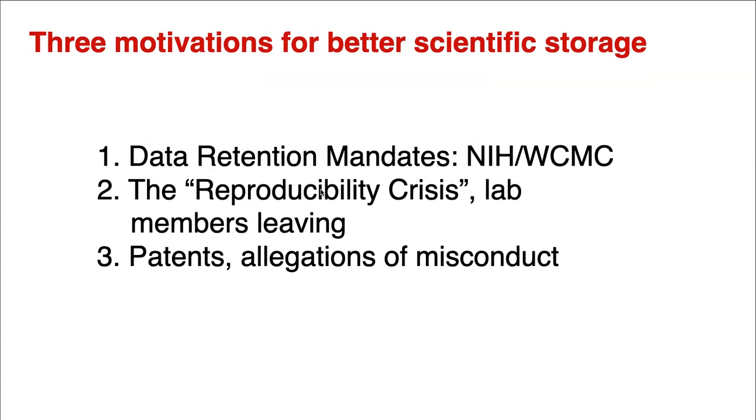The second thing is there is a lot of talk now of the reproducibility crisis, and in particular, another problem is lab members leaving, and that's why I suggested that it's very important that the lab members transfer the ownership to the PI, because what often happens is a lab member leaves, the notebooks are very difficult to read. It's difficult to go through all the pages to find whatever the next person that wants to reproduce an experiment wants to do.